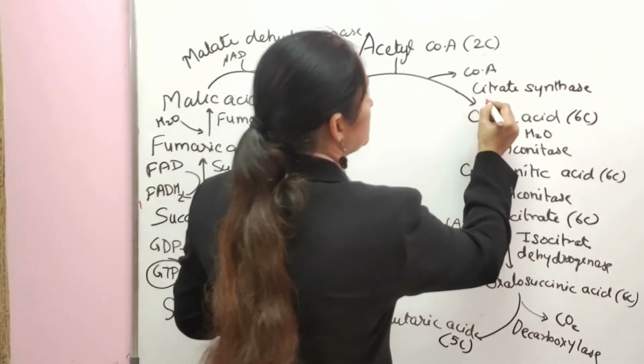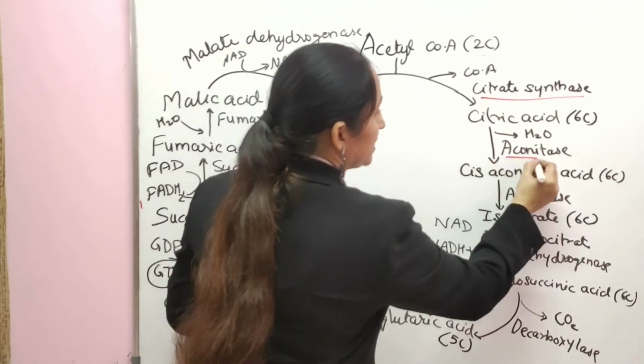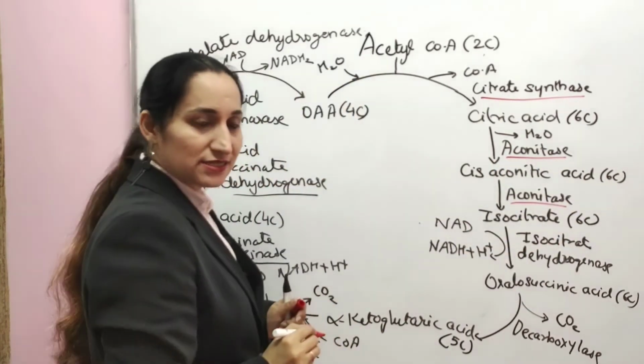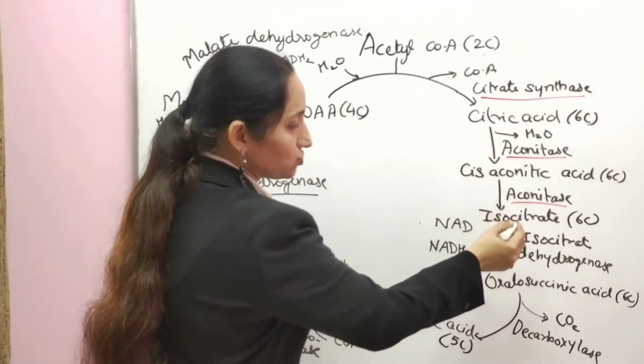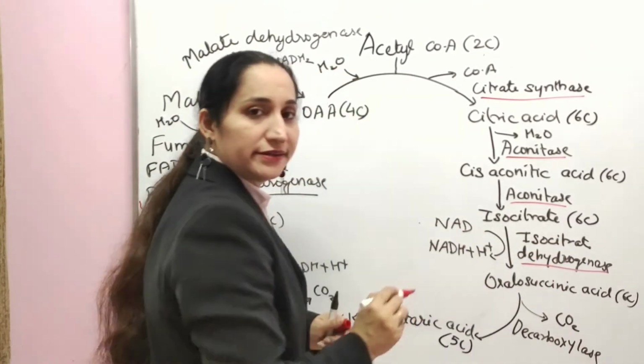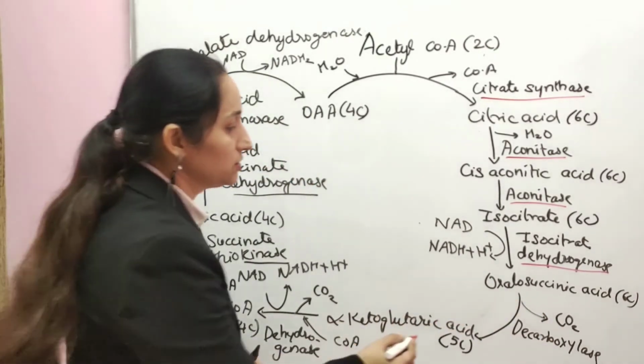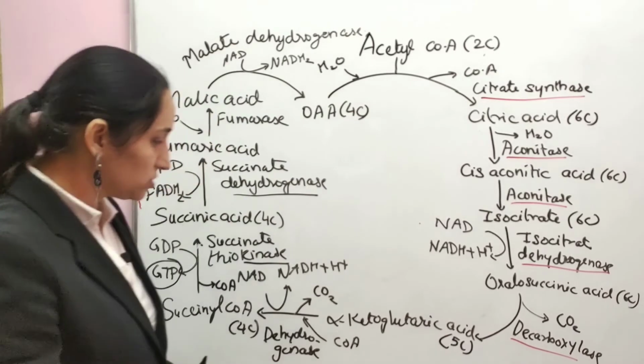In the first step citrate synthase is being used. In the next step aconitase enzyme is used. After that, when isocitrate gets converted into oxalosuccinic acid, the isocitrate dehydrogenase is used. Here decarboxylation is being done, so decarboxylase enzyme is used.